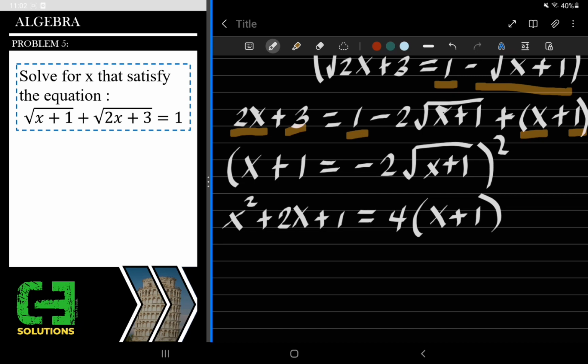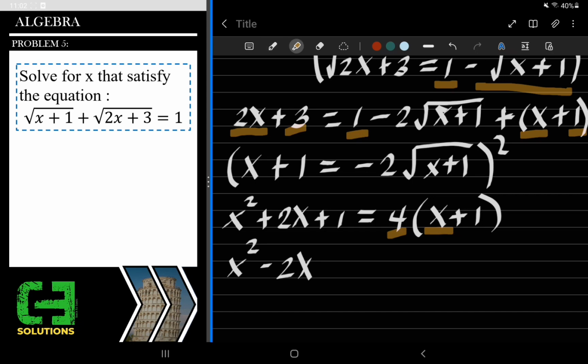So combine like terms again. That is x squared, plus positive 2x minus 4 times x. 4 times x is positive 4x, transposed to the other side, that will become negative. So positive 2x minus 4x is negative 2x.